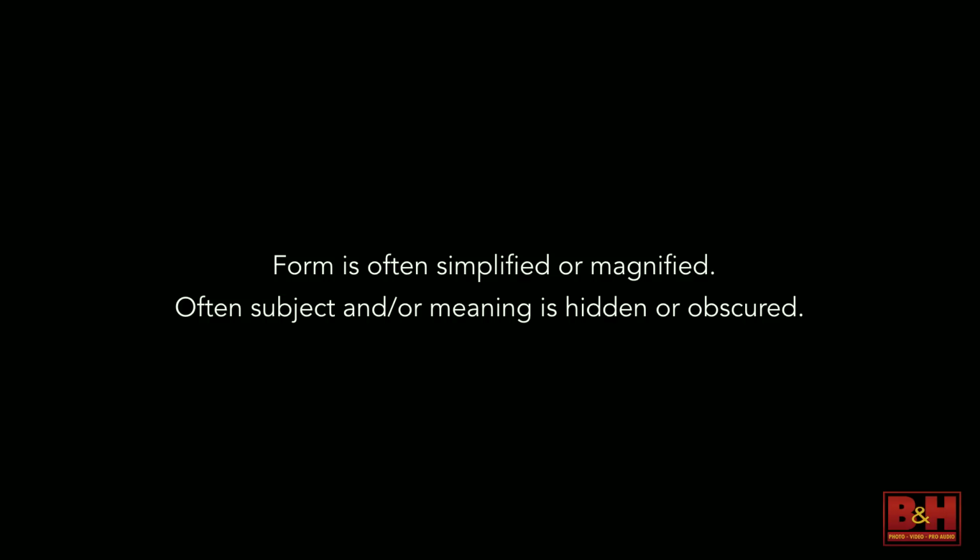Okay, so I said I would talk a little bit about abstract images. An abstract image is when the form is often simplified or magnified, or the meaning or the subject is obscured. Maybe we don't know what it is. We don't know what the photographer is doing or saying. We don't understand the technique. Any of those can be obscured or unclear to us.